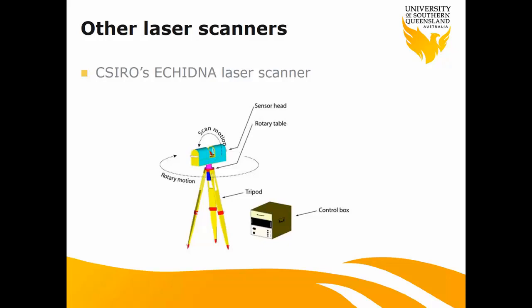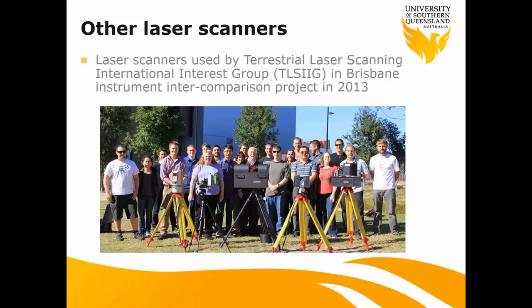Something like this, and they still hold the patent. And 5 or 7 years ago, another laser scanner, this one, based on the CSIRO's design idea and also the patent, so they designed their own laser scanner. Also used in the forest area.